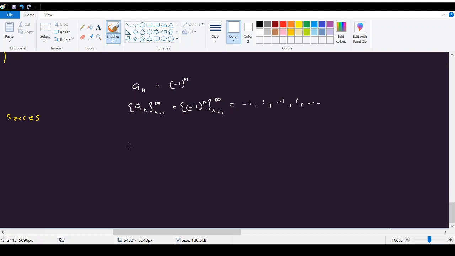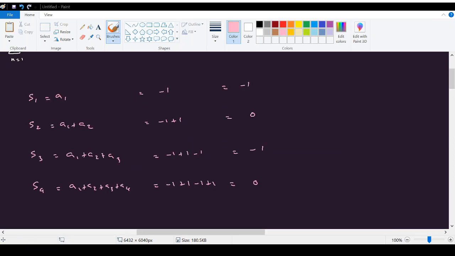So now if we consider the series of these terms, that means we should add all these terms, right? It means -1 plus +1 plus -1 plus 1 plus -1, likewise. Now see what will happen if we take the partial sums.